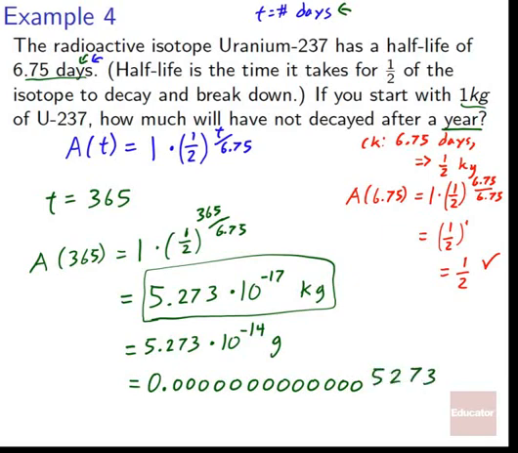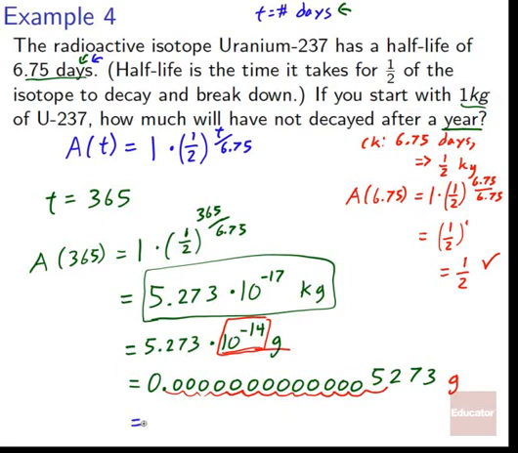Because remember, it's in grams, and that would count as 1, 2, 3, 4, 5, 6, 7, 8, 9, 10, 11, 12, 13, 14, because we can move the decimal places 14 times to the right by having 10 to the negative 14th, and that's how the scientific notation works.